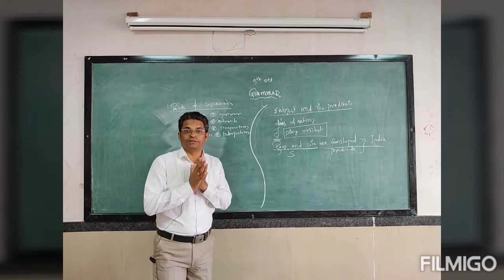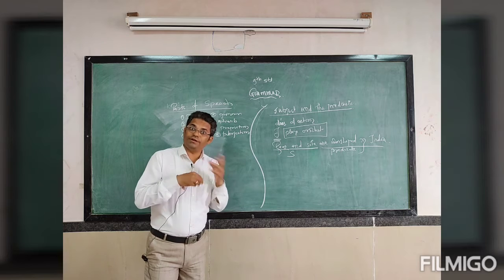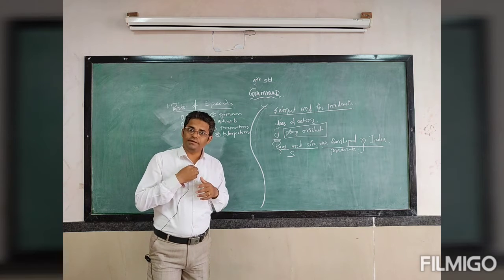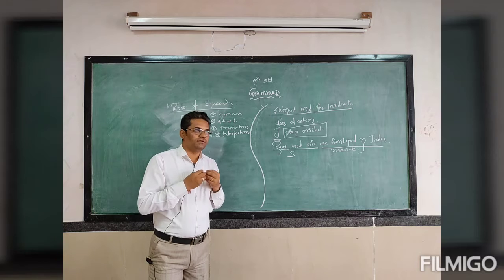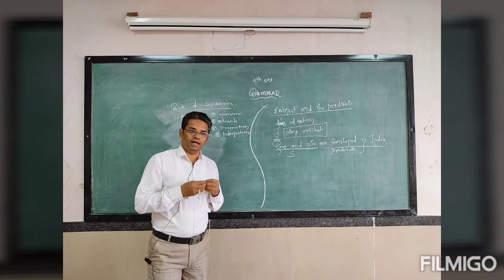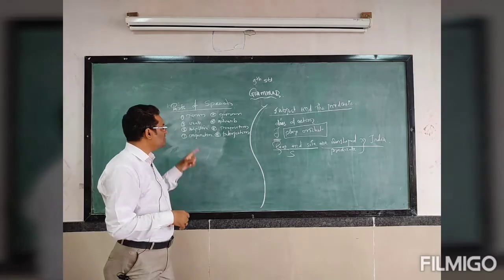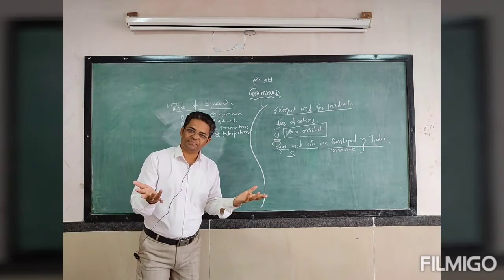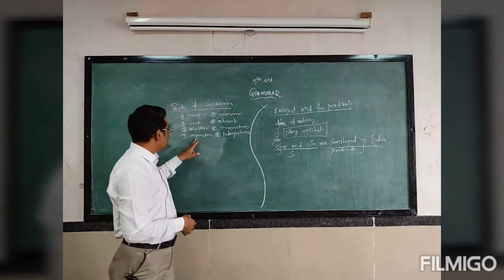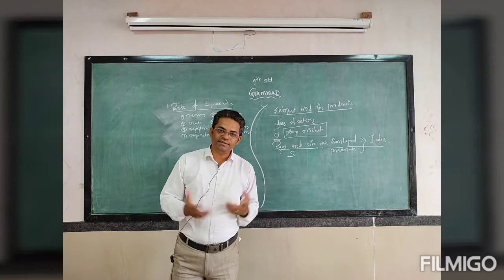Are compound sentences or complex sentences included in the parts of speech? Surely they are. How? Compound sentences: I went to Bombay and came back yesterday. "And" is a conjunction which joins 2 sentences and makes them a compound sentence. So conjunction creates compound and complex sentences.